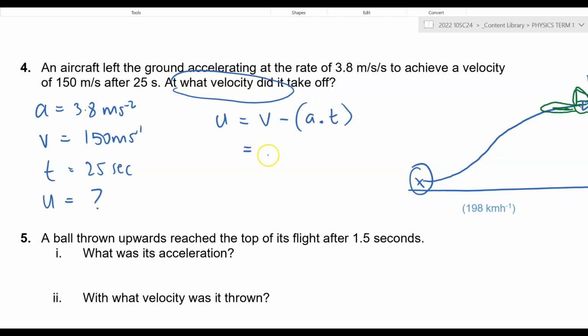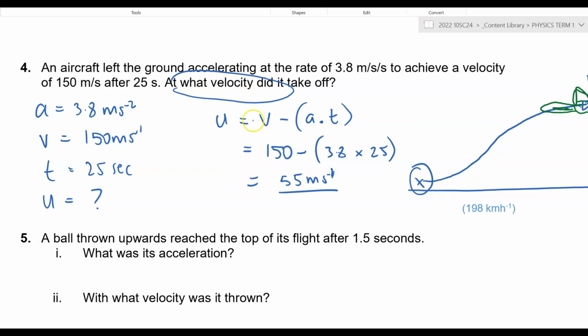So it's going 150 now. It did accelerate at 3.8 meters a second squared for 25 seconds. So it would have been going at 55 meters a second on takeoff.